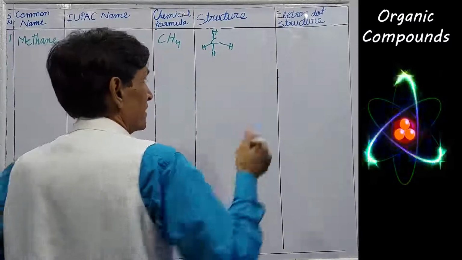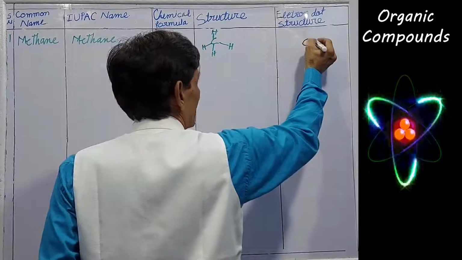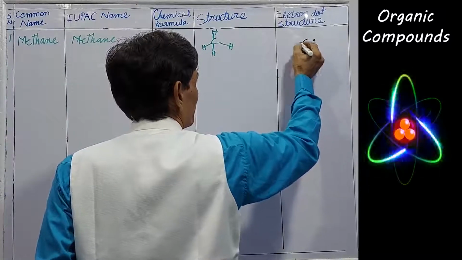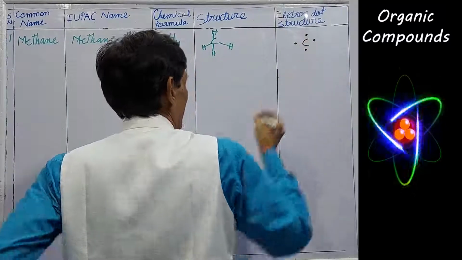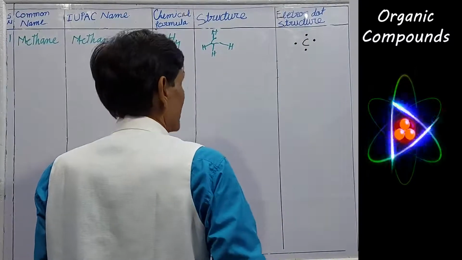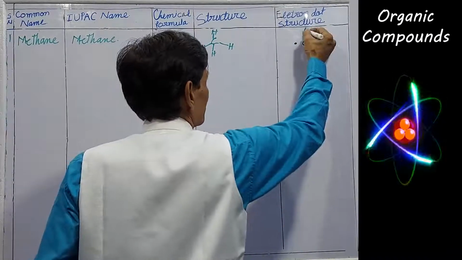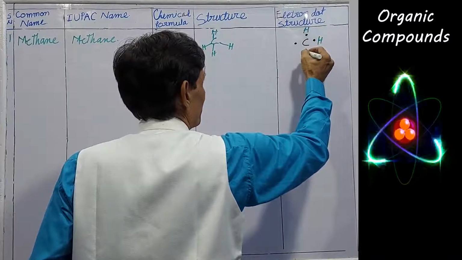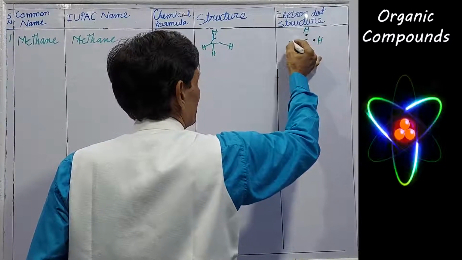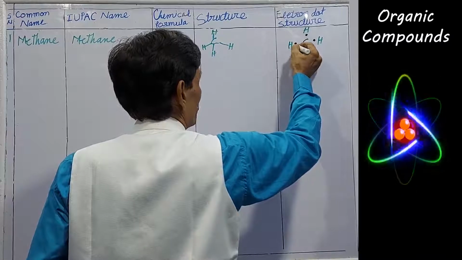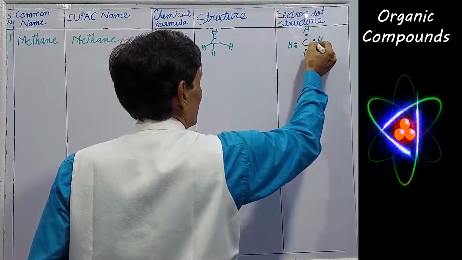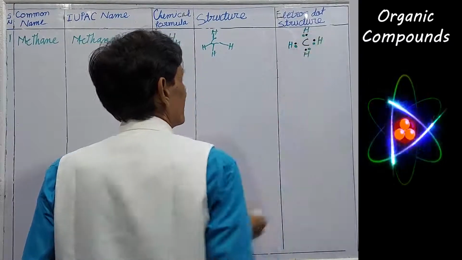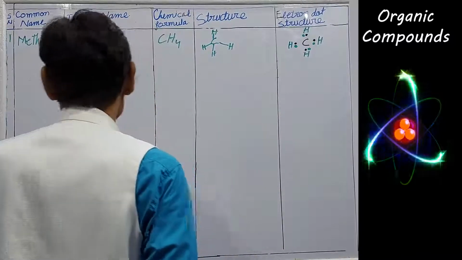Here I am representing the carbon electrons by black dots, and the hydrogen electrons I am showing here with green dots. This is the electron dot structure of methane.